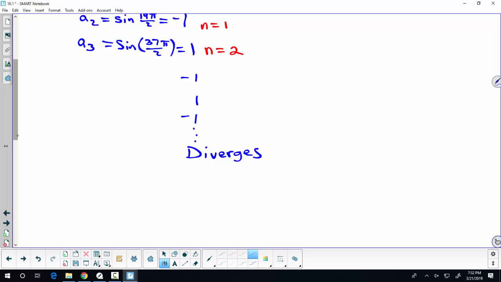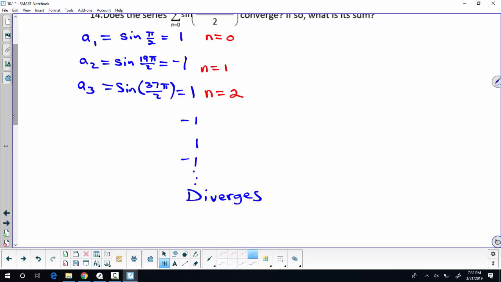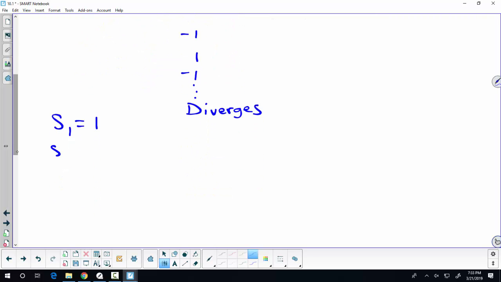So the sequence of partial sums: first partial sum is just the first term, 1. The second partial sum would be 1 minus 1, which is 0. The third partial sum, 1 minus 1 plus 1, which is 1.